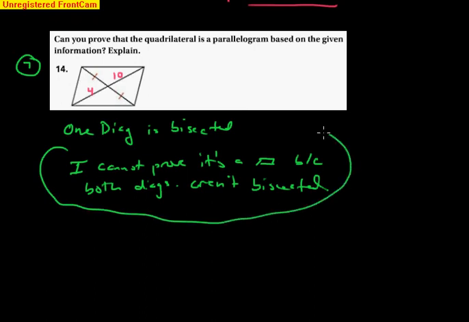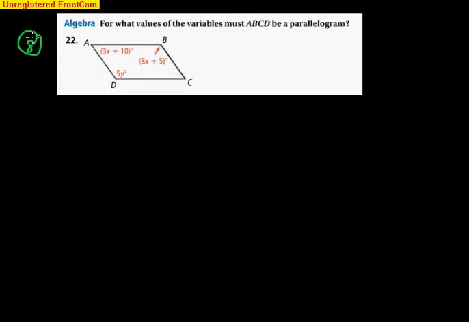Okay? That's the idea. You have to have both diagonals bisected for it to be a parallelogram. I only see one. Alright? So be critical. Be very critical of these pictures.